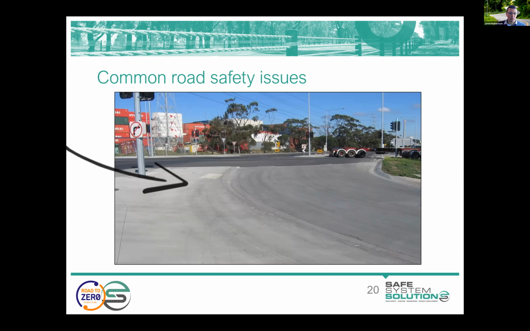Certainly there's very little contrast or no contrast between the concrete road pavement and the raised island. I've had it suggested to me that there is an issue of excessive speed at this location, which is near the Port of Melbourne. You can see that the vehicles have encroached pedestrian areas here and gone straight over the tactiles.